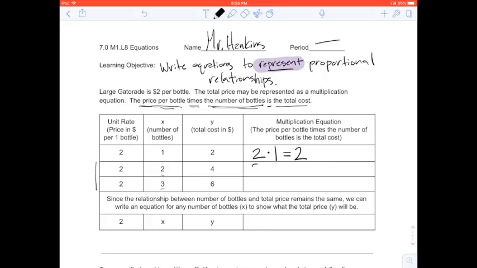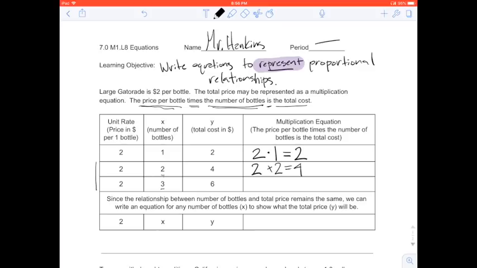We've got $2 per bottle times, and I'll write it like that this time, times 2 bottles equals $4. In this particular instance, 2 plus 2 would work, but we're using multiplication because proportional relationships involve multiplication. So 2 times 2 equals $4.